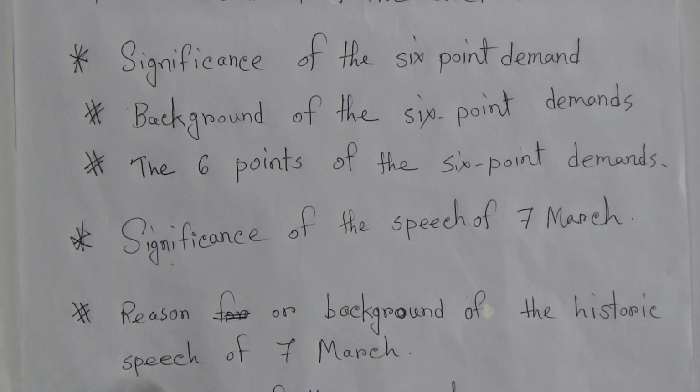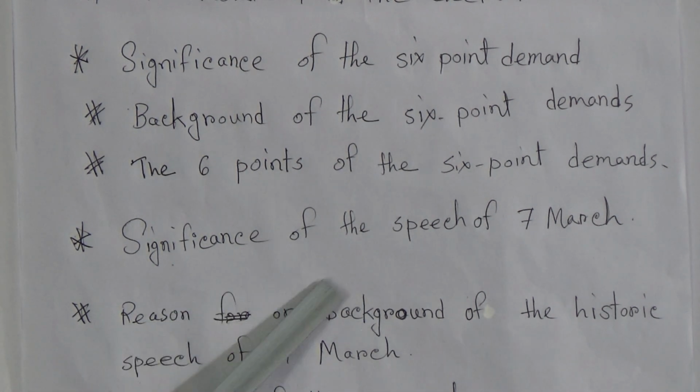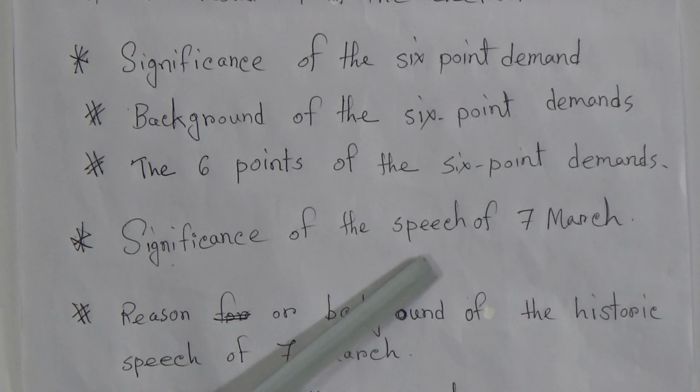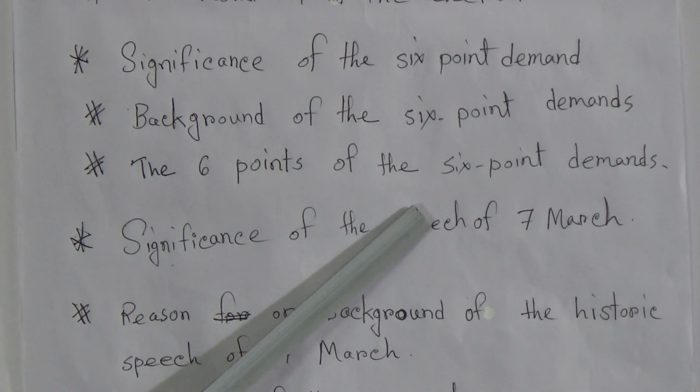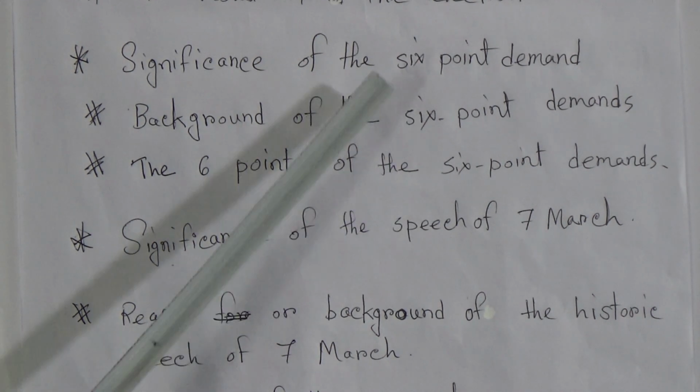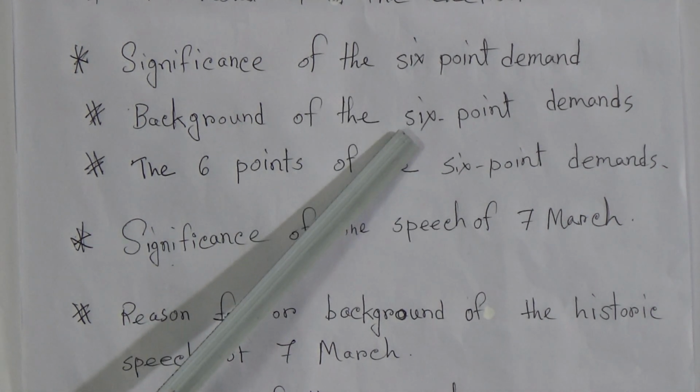Okay, so at last you have to write the significance of the speech of 7 March. Okay, so why did Bangabandhu give the speech of 7 March? You have to write that.